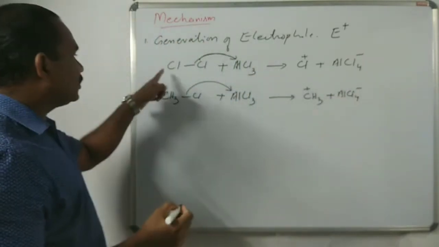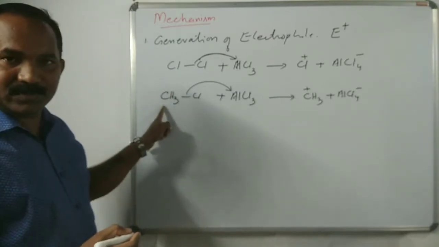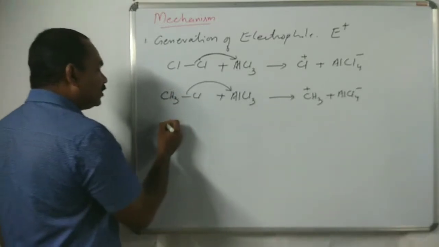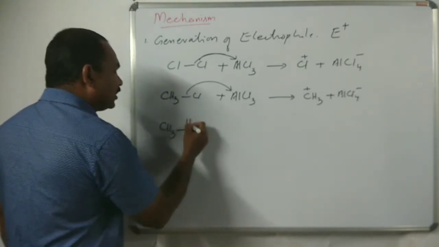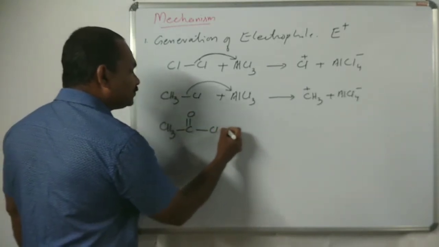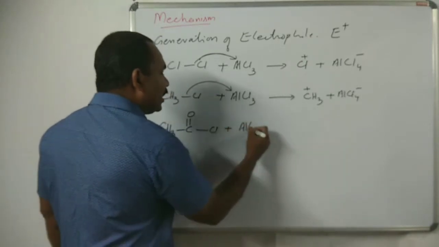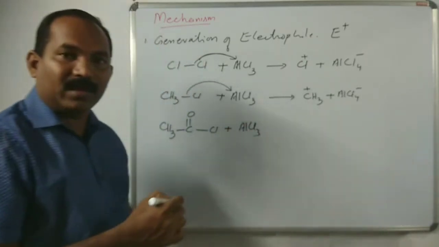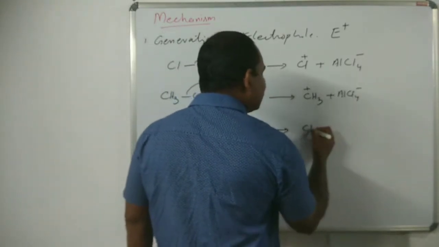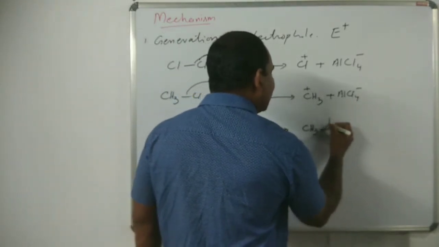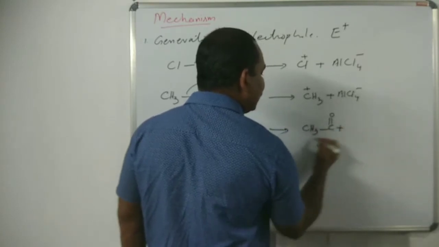Same pattern. Instead of chlorine, the methyl group comes. Another one, acetylation. In the case of acetylation, CH3C double bond OCl plus AlCl3, the Friedel-Crafts catalyst, we get CH3C double bond O plus, the electrophile.